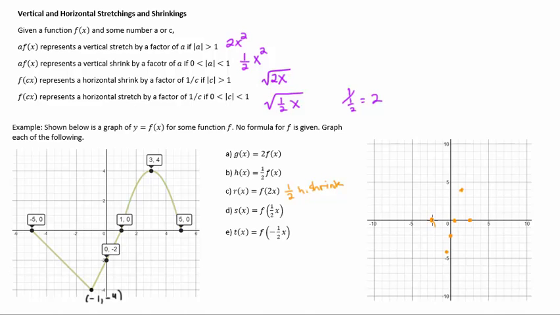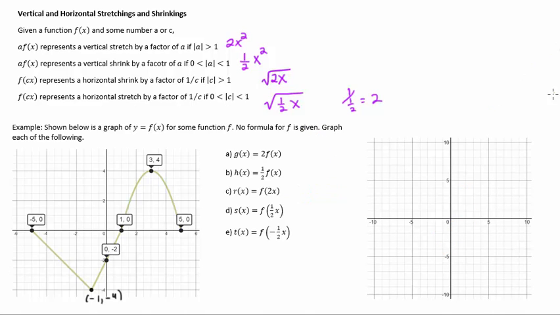And then we connect the dots. That is a horizontal shrink by a half, so f of 2x.